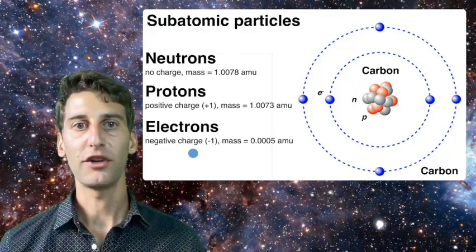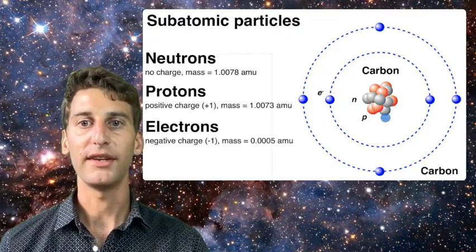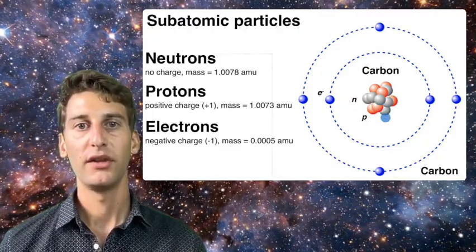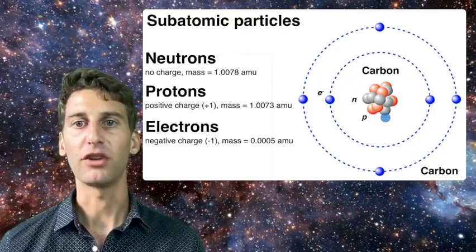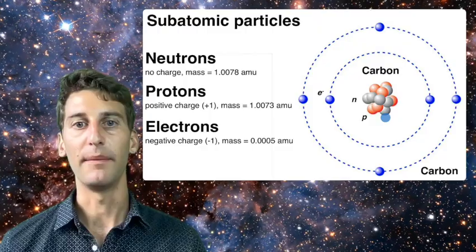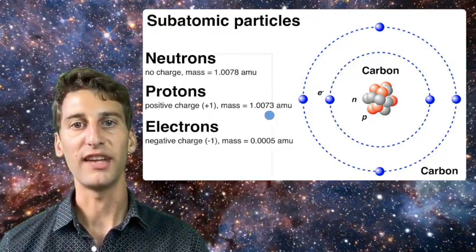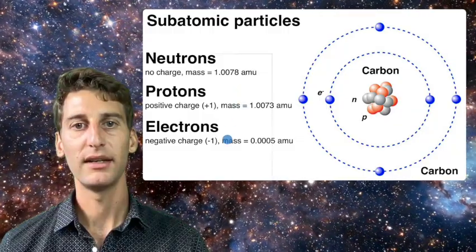If you dig into the structure of an atom, what you'll find is a nucleus, this core here, that contains neutrons and protons. Neutrons have mass, but they don't have any charge, versus protons have a positive charge and significant mass as well. The mass of a proton is almost the same as a neutron. It's a little bit less.